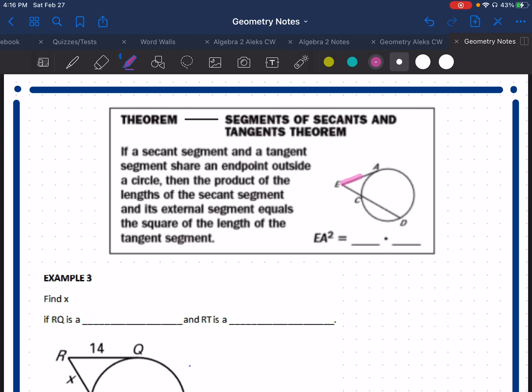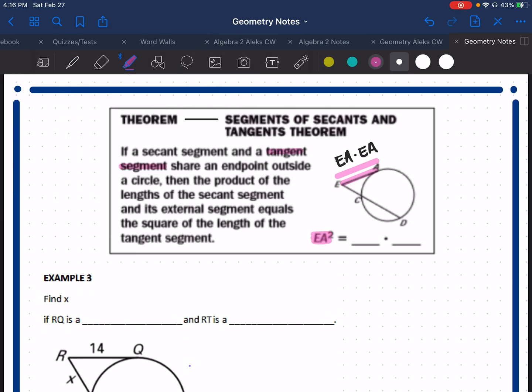All right, so let's use our highlighters to help us out. EA squared. EA is my tangent segment. So this is my tangent segment. And what I'm going to do is square it, or basically multiply it by itself. I'm going to do EA times EA, right? Because that's what squaring it means.